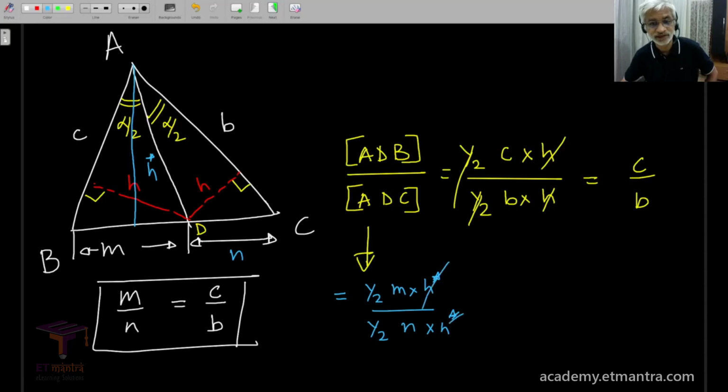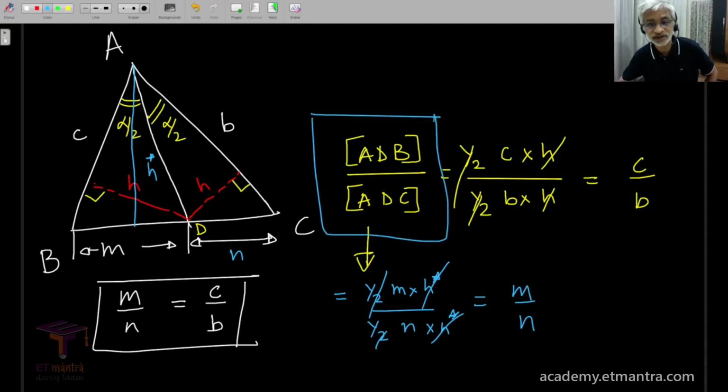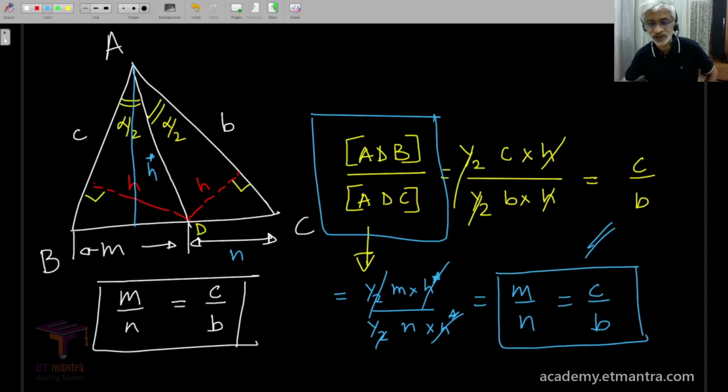And once again, this happens to be m by n, and since both of them happen to be the ratio of these 2 areas, we get that these 2 are equal. So m by n is equal to c by b. This is very useful and often used in problem solving.